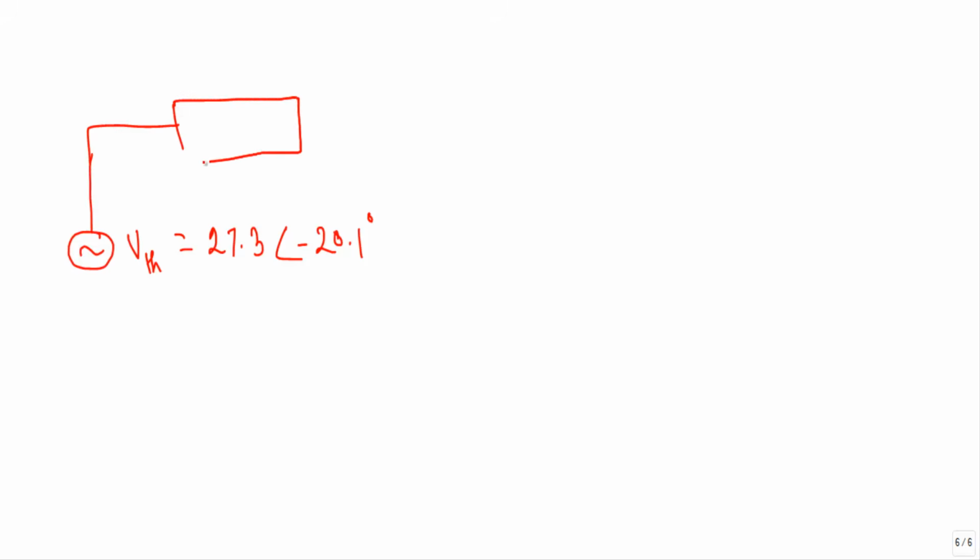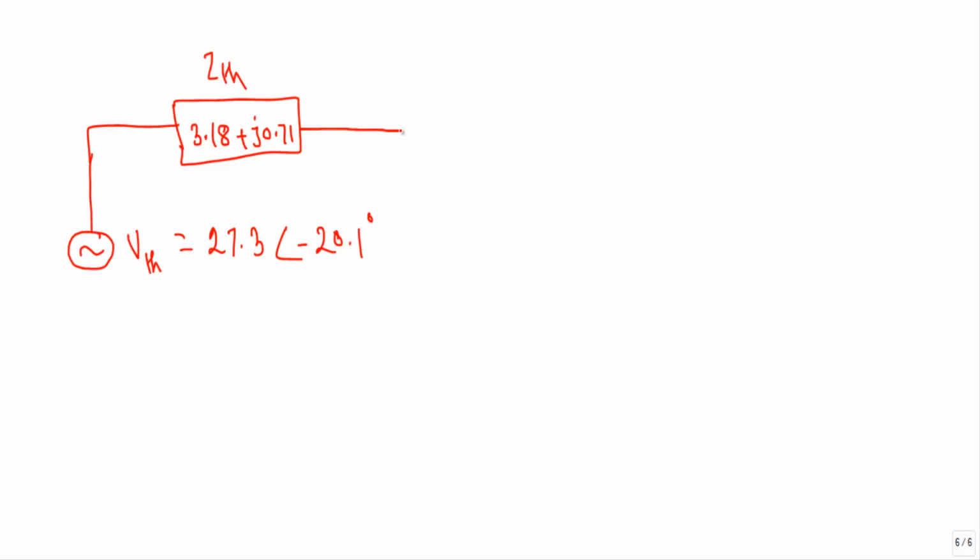So if I want to draw the Thevenin equivalent circuit, our VTH is equal to 27.3 with phase angle minus 20.1 degree, and our Thevenin impedance ZTH is equal to 3.18 plus J0.71.